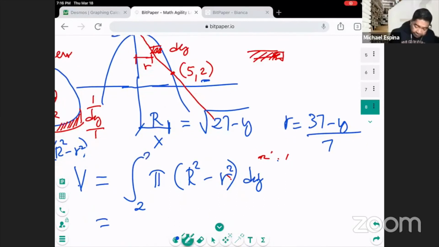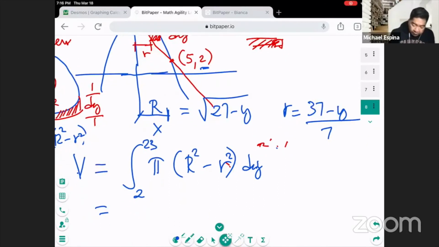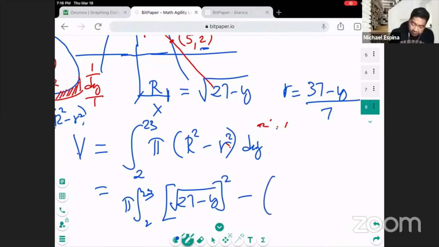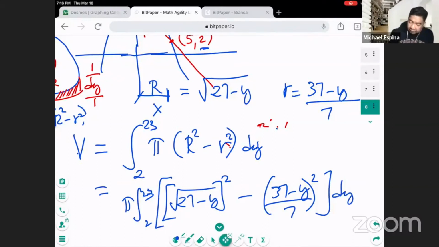Okay, substitute again all the values. We can take out pi. So R squared should be the square root of 27 minus y, but then there's a square, and then minus r squared, so 37 minus y over 7 squared. And then we have our dy. So let's take the bracket dy.